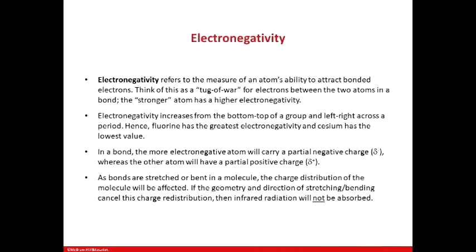Electronegativity refers to the measure of an atom's ability to attract bonded electrons. That's the formal definition. Think of it as a tug of war of electrons. When atoms come together, they argue and debate over where the electrons should be.